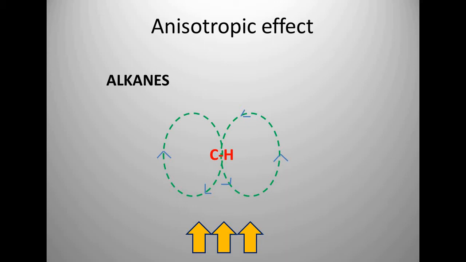So here in the position of a proton, we can observe that the internal or induced magnetic field is in downward direction, and the external magnetic field is in upward direction. So the direction of both fields is opposite to each other. So we can say the anisotropy of alkane shows the shielding effect.